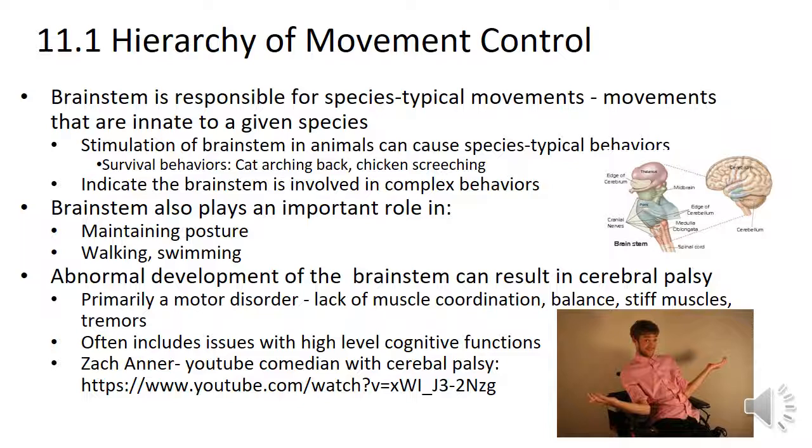Abnormal development of the brainstem can result in cerebral palsy, which is a motor disorder that's characterized by a lack of motor coordination, poor balance, stiff muscles, tremors. People are often in a wheelchair. There are often also issues with the coordination of some higher level cognitive functions that are associated with cerebral palsy, although there are plenty of people with cerebral palsy with normal intelligence or above average intelligence.